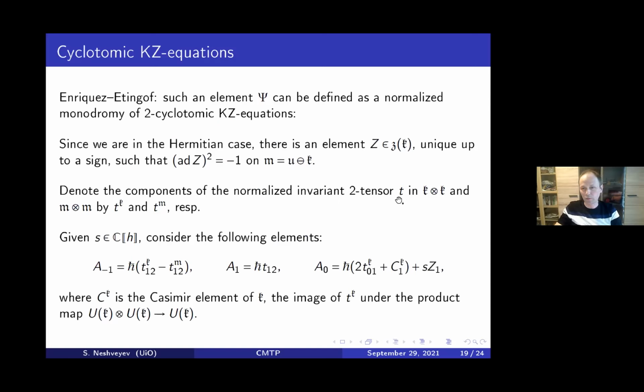We consider this canonical tensor, which we used also to define KZ equations, and we consider components in K tensor K and in M tensor M. Remember that M is the complement of K. And we consider the following elements, where C_K is the Casimir element, and T_K, T_M are these components of our canonical tensor T. This depends on the choice of parameter S, which we need in the Hermitian case because we want to quantize not just one Poisson structure, but a family of Poisson structures.